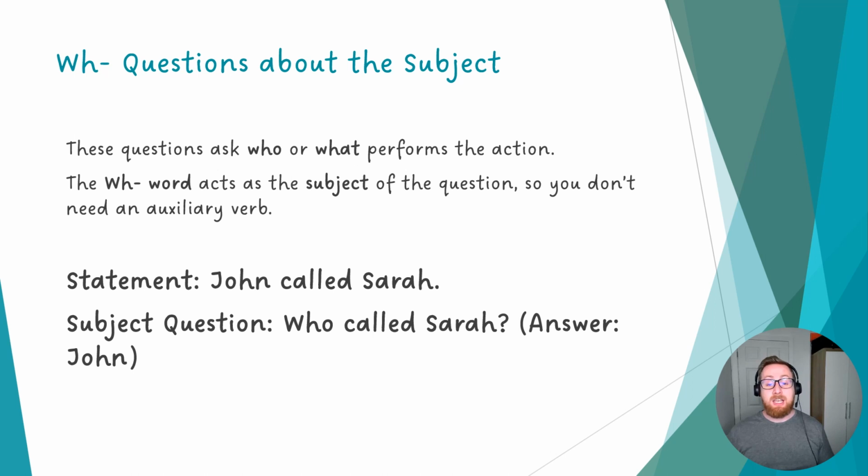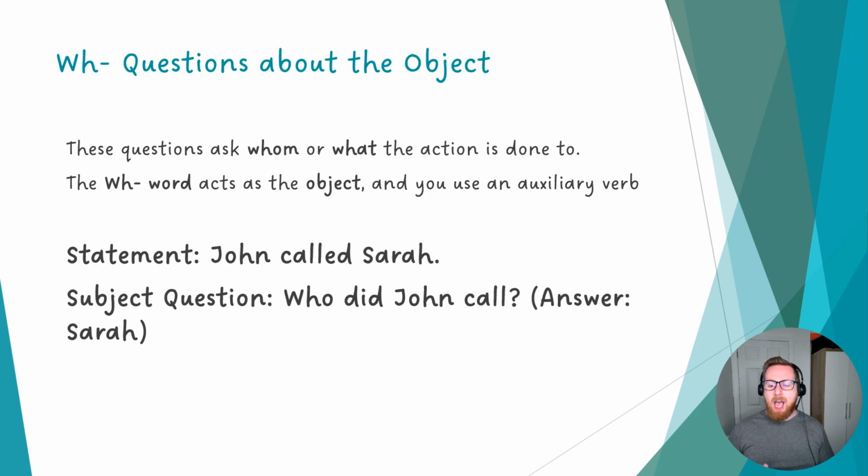The answer is John. But how does this change when we're doing a question about an object? So these questions ask whom or what action has been done to. Let's use the same example. We have John called Sarah. If we change it slightly, the WH word acts as the object and you use the auxiliary verb.